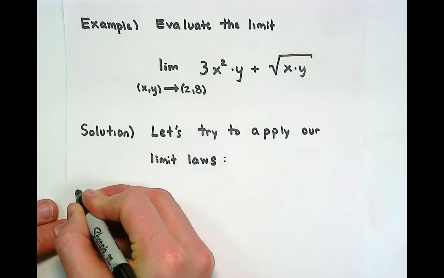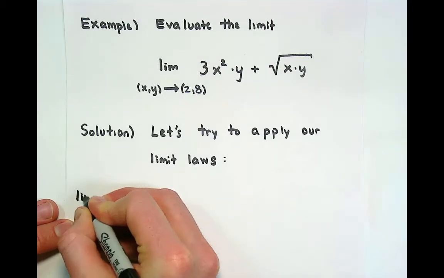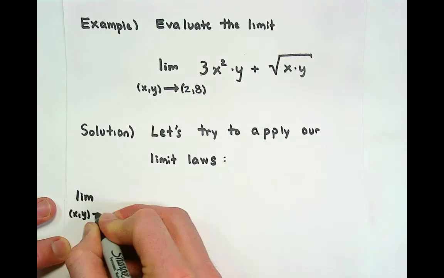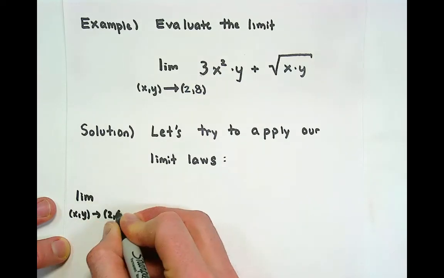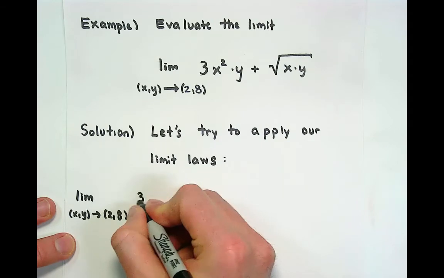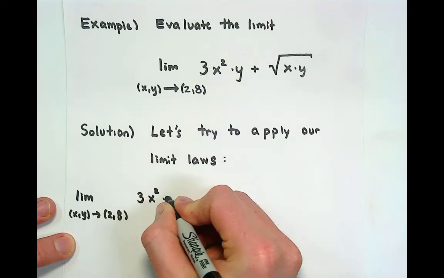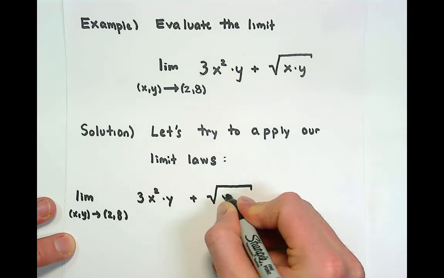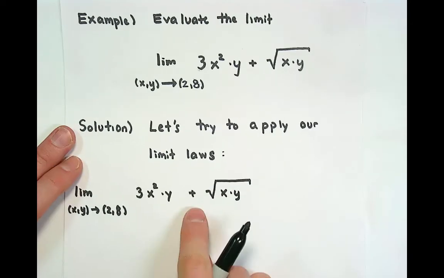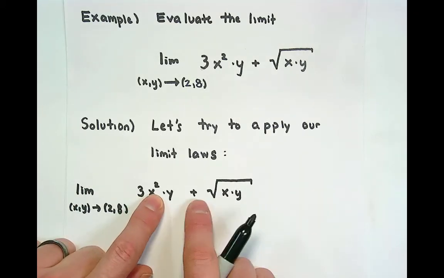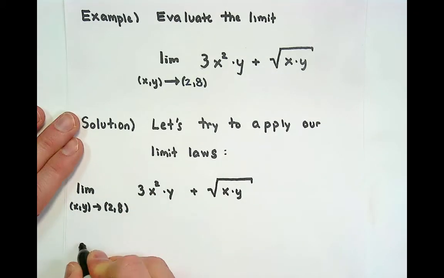So we get started by writing the limit as (x, y) approaches (2, 8), and I always have a hard time with this, of 3x squared times y plus the square root of x times y. Well, the first thing that we're going to say is it looks like the individual limits exist, and this is a sum.